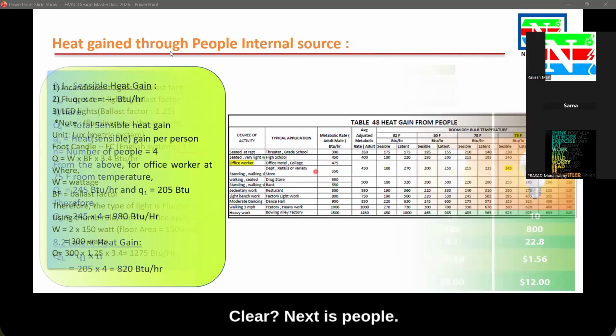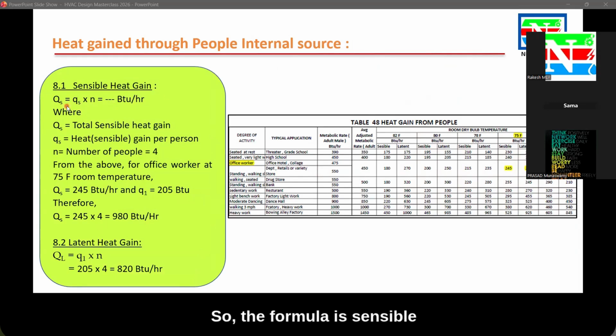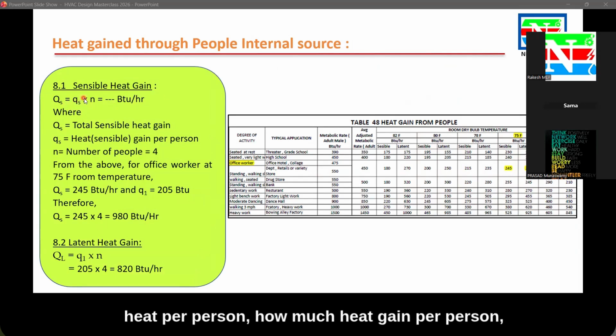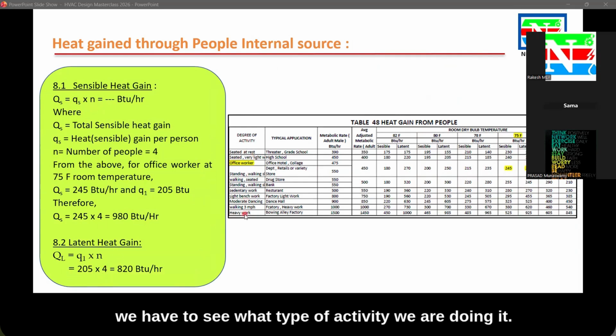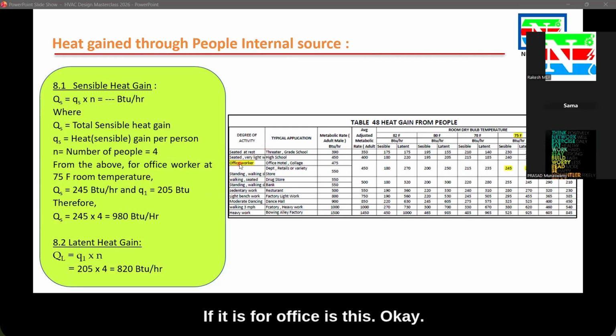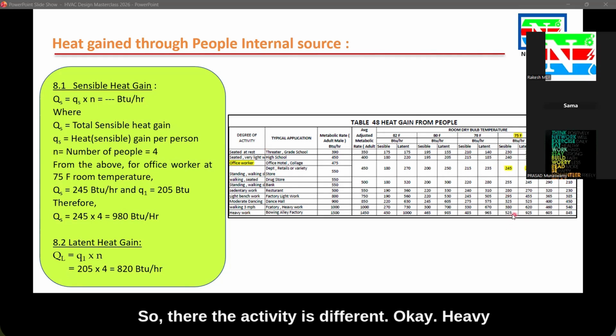Clear? Next is people. For people, we have sensible heat and latent heat. The formula is sensible heat per person, how much heat gain per person, and the number of persons. Same case for both. We have to see what type of activity is being done. If a person is doing heavy work, with 75 degrees maintained inside, the activity is different.